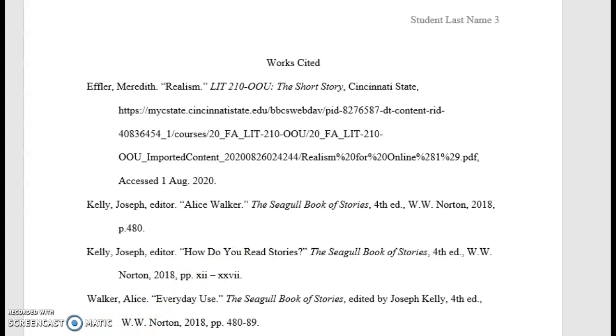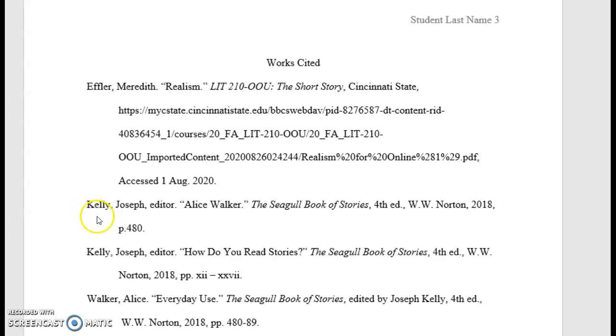In this response paper or essay or exam question, the student also used the biographical information at the beginning of the story. So that also needs to get cited. And that starts with, instead of the author's last name, because Alice Walker didn't write her own biographical information, it starts with Joseph Kelly, and we denote him as the editor.